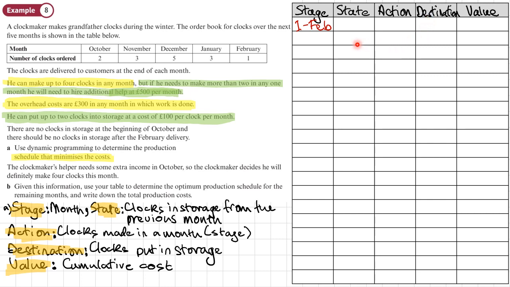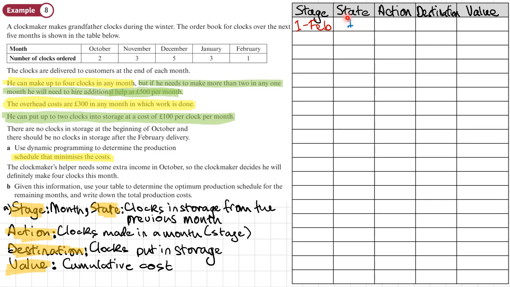Now what are the options? Well, we could have a maximum of 1 clock in storage. Remember, the state is the clocks in storage from the previous month, so 1. Now why 1 and not more? Because we only require 1 clock in February.